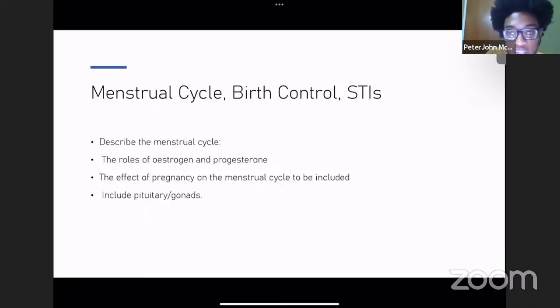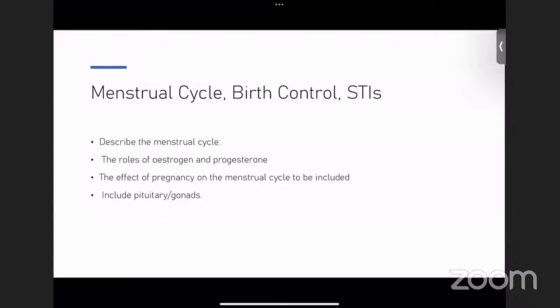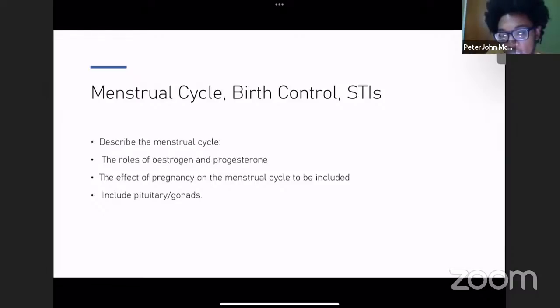Tell me if I'm asking you anything you don't know, by the way, because I'm just asking random stuff. You guys ever heard of the follicular and luteal phases? Yes, sir. Okay, good. So two phases, follicular and luteal. Which one is constant? Follicular. Luteal.